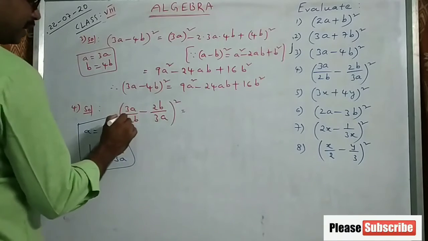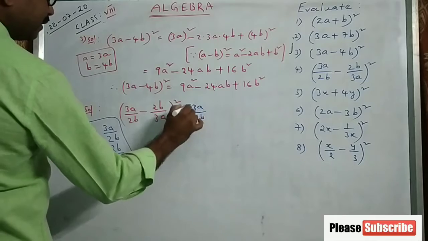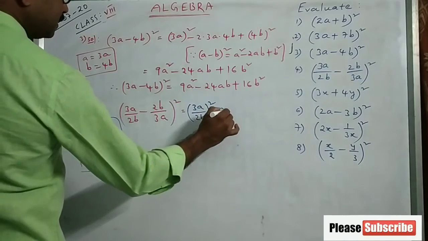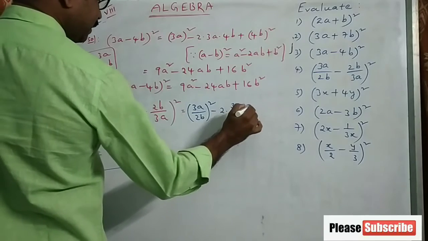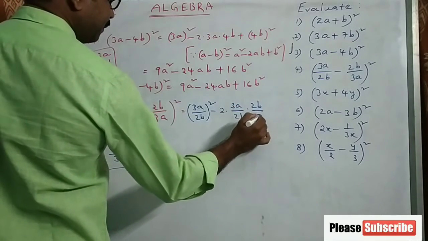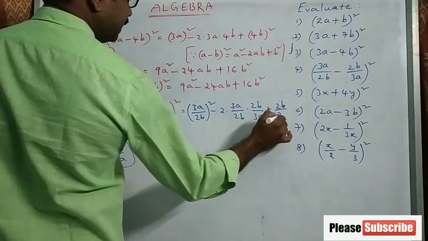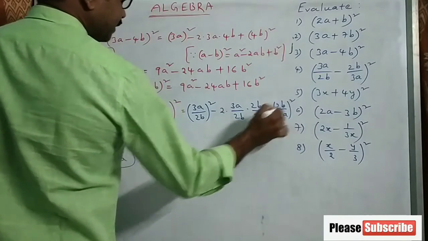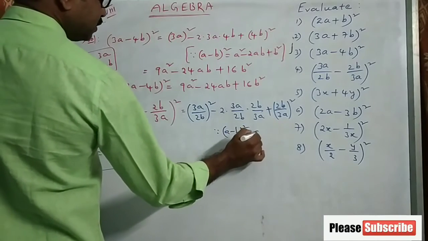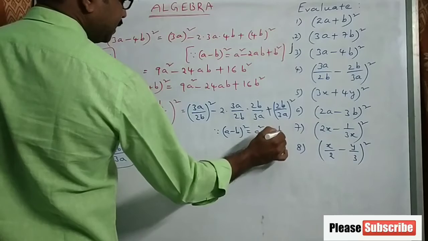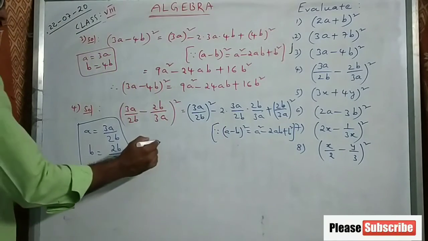So what is the formula of (a minus b) whole square? a square minus 2ab plus b square, where b square is (2b by 3a) whole square. Since (a minus b) whole square equals a square minus 2ab plus b square. The formula you should write in your system.